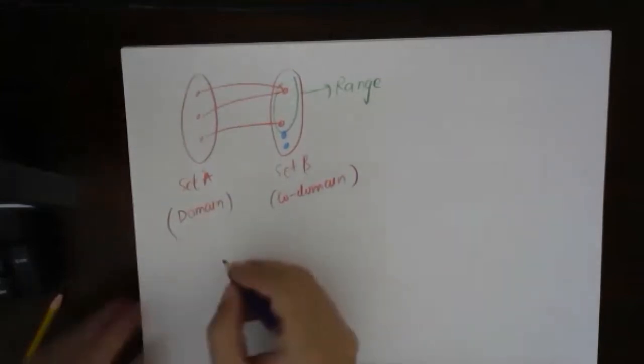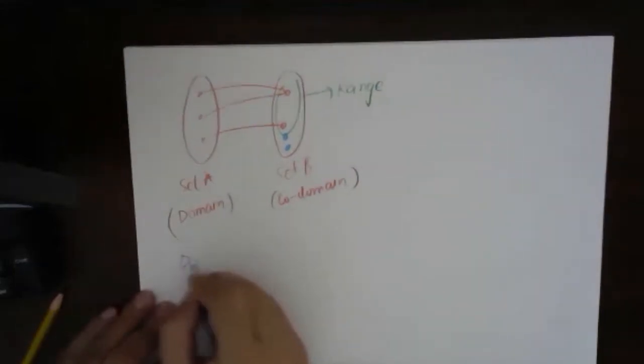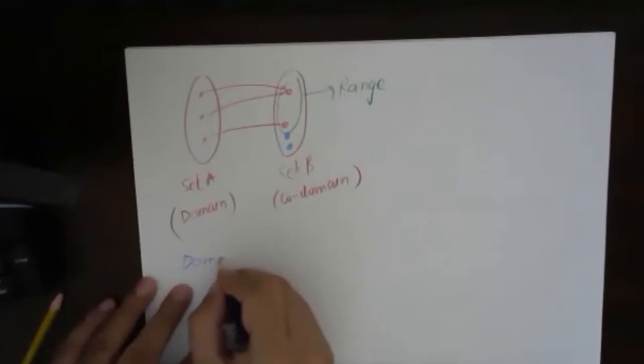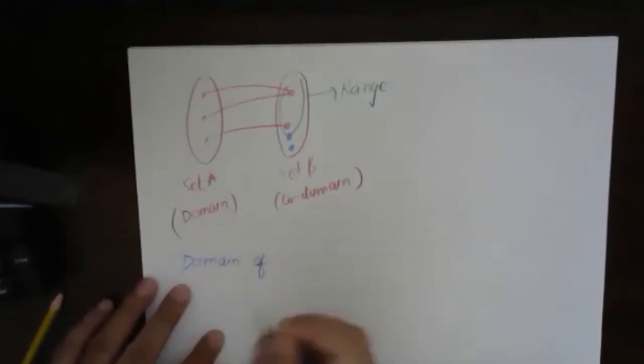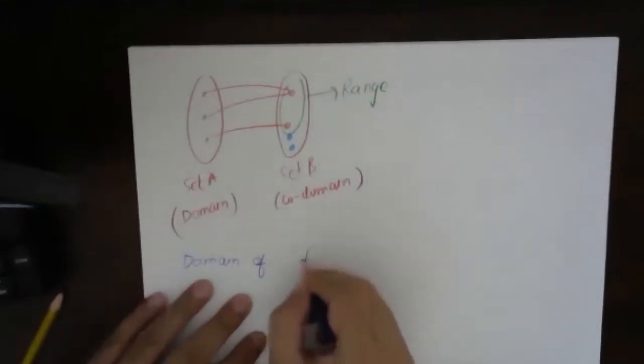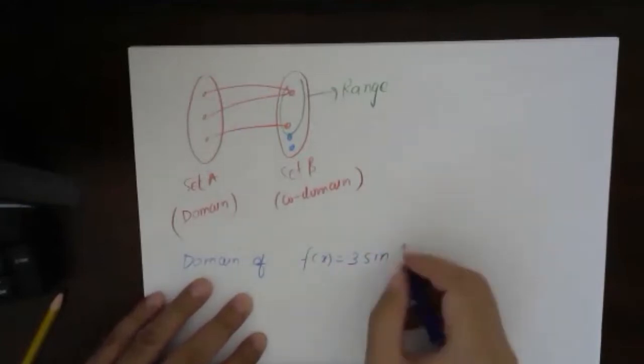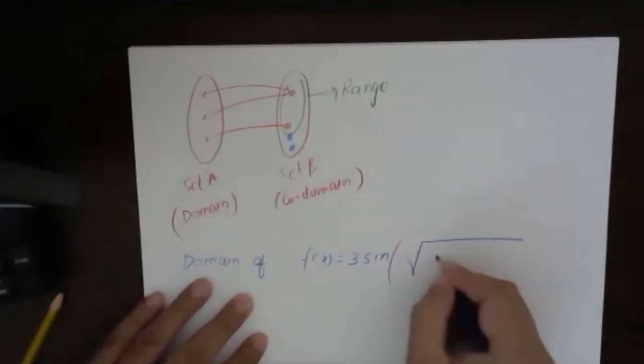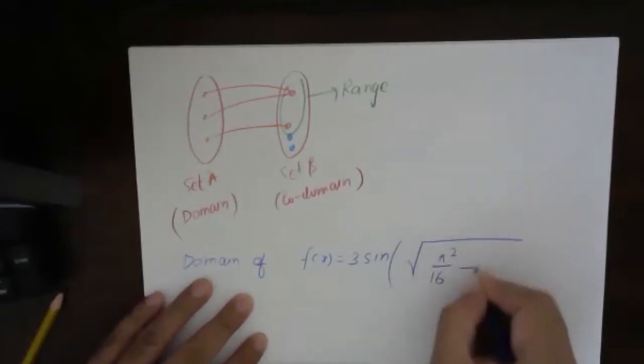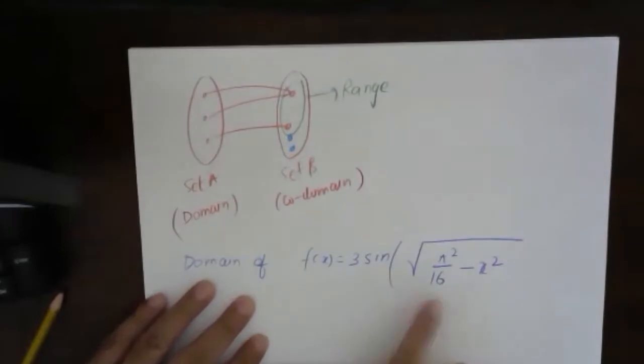So the question is, find the domain of f of x is equal to 3 sine of the square root of pi square by 16 minus x square. Find the domain of this.